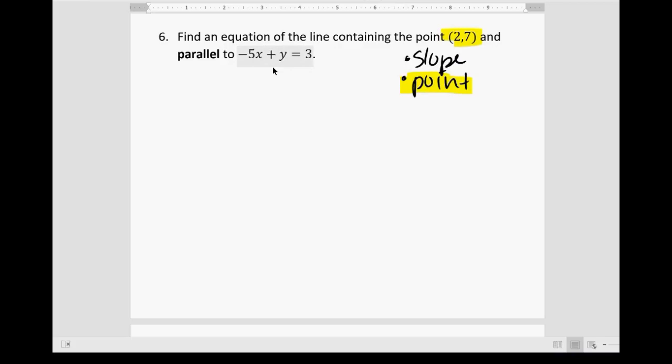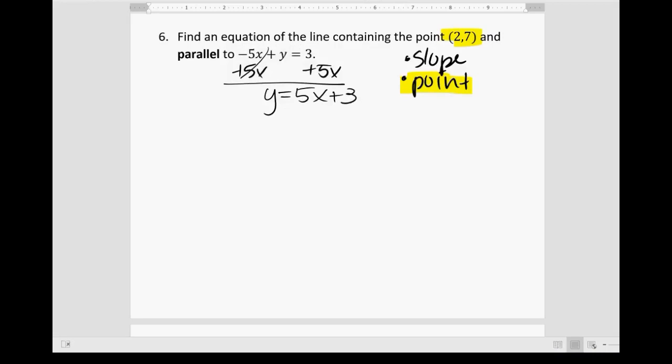But we can't just look at that right now and pull out the slope, because we need to put that in slope-intercept form. So first let's put this in slope-intercept form by adding 5x. Then we'll have y equals 5x plus 3.